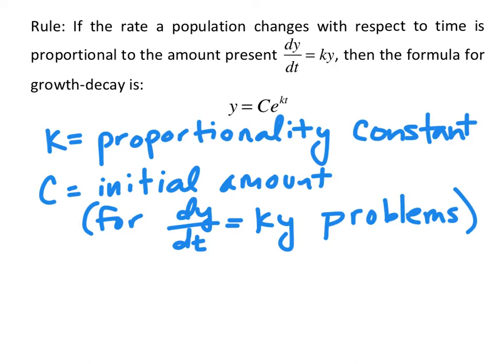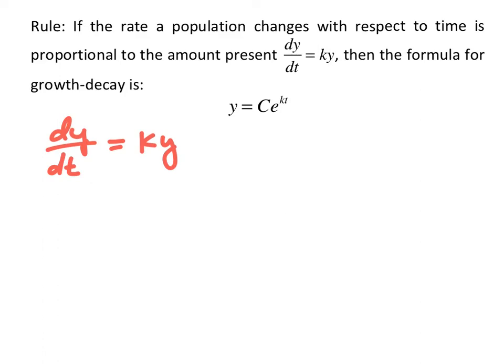Now, normally, we would just memorize this equation and use that for anything where we know that the rate that the population changes is proportional to the amount present, which is y. But it is really good to know where that comes from, because that's the entire calculus side of it all. So what I want to do is show you how they go from dy/dt to this y equation. They tell me that dy/dt is equal to k times y.